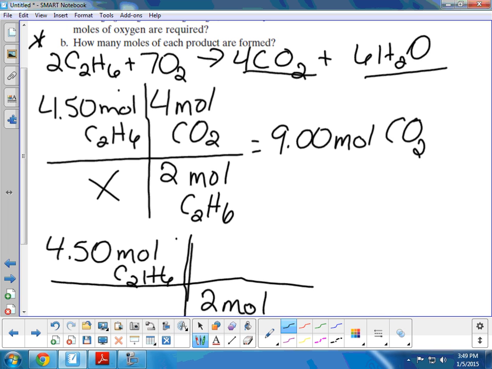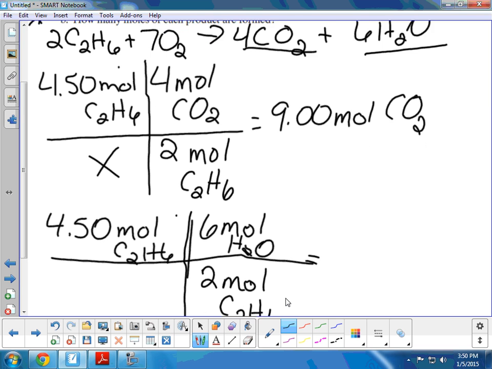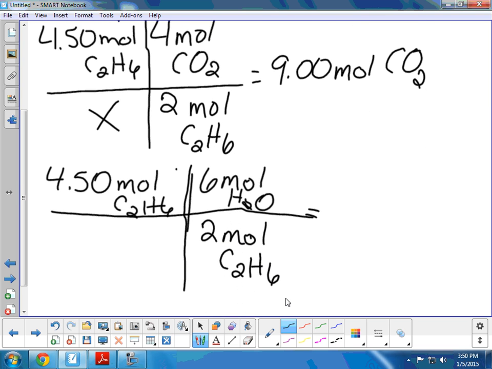I have 6 moles of H2O, so I'm going to write this in here. And now I can multiply across the top and get an answer, multiply across the bottom and get an answer, and divide those 2 values. And you should get 13.5 moles of H2O.